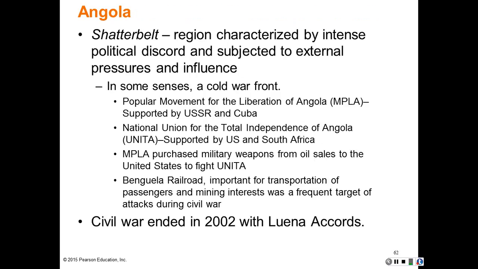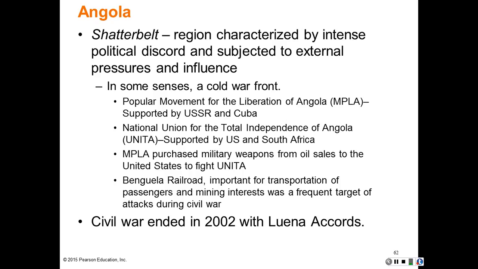Angola can be known as a shatter belt region during this post-colonial period. It was a region characterized by intense political discord and subjected to external pressures and influence. In some senses, it was a Cold War front as forces, both pro and anti-communist, battled for the region.